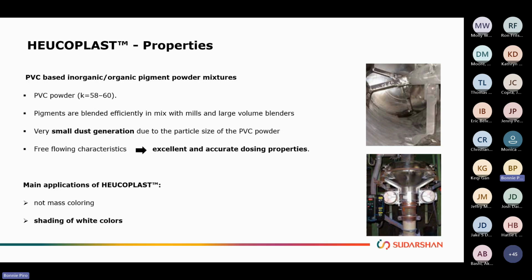The key thing here for this particular one is it provides some excellent and very accurate dosing properties, primarily because these products are typically used to shade white. And in white, you need very little concentration to get that shading, so these are very appropriate for this type of application area to give that very accurate dosing.